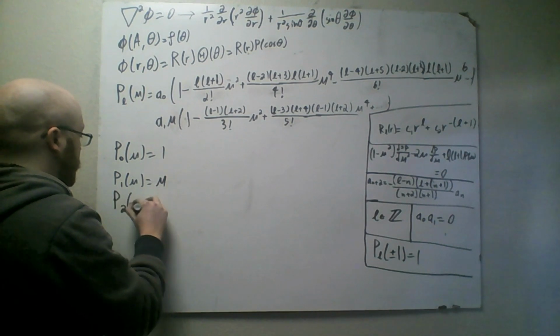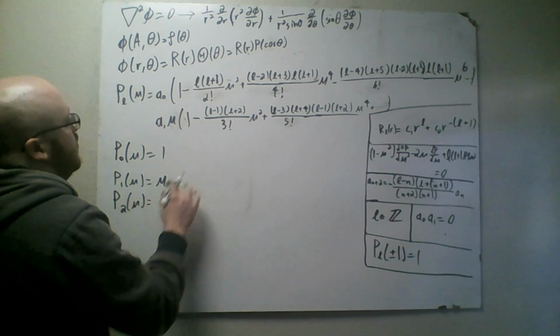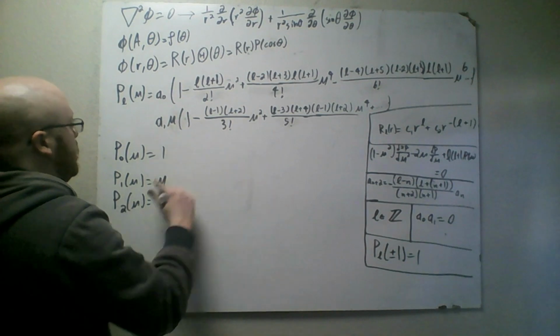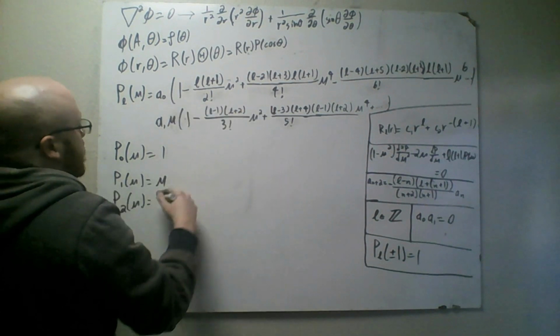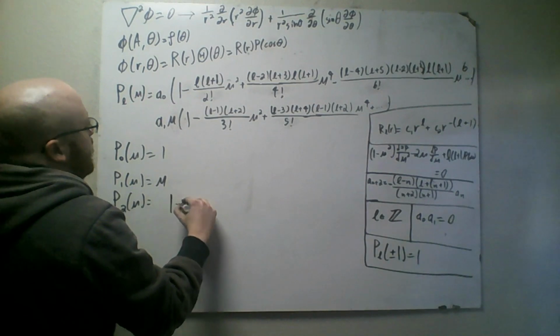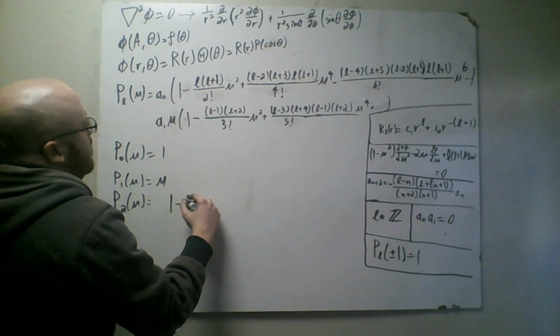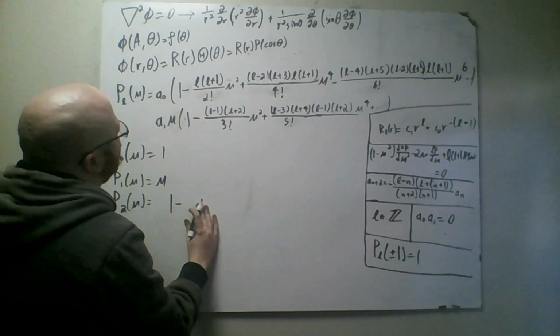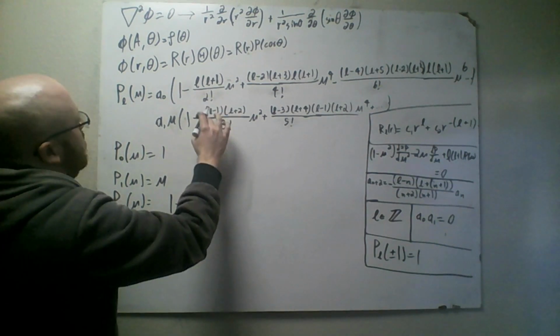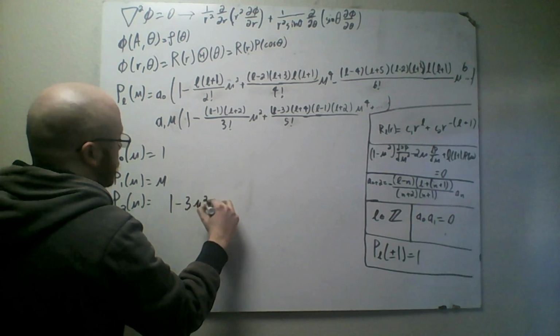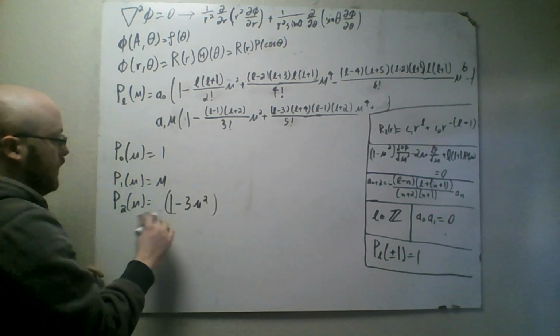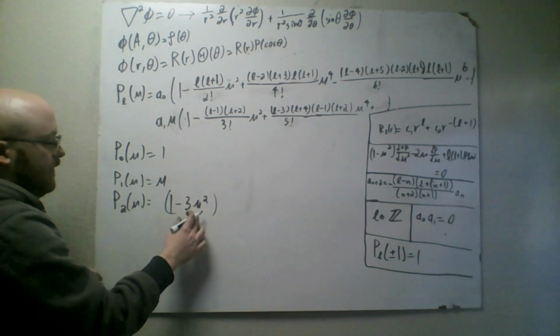P2 of mu is equal to, now we plug in 2. We set this equal to 0. So this one gets us 1 minus, this 2 cancels with that 2, that gives us 3. 1 minus 3 mu squared. But we want it to equal 1. So we plug in 1 and we get negative 3.